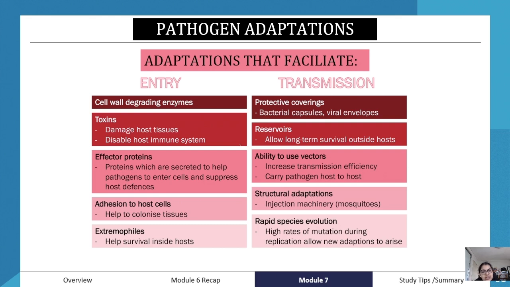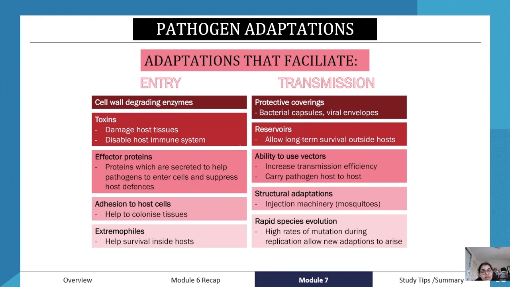So entry first, there are cell wall degrading enzymes that the pathogen will have that are able to degrade the cytoplasmic membrane of the host cell. They can also have toxins which damage host tissues, and also they can disable the host immune system. They can also have effector proteins.